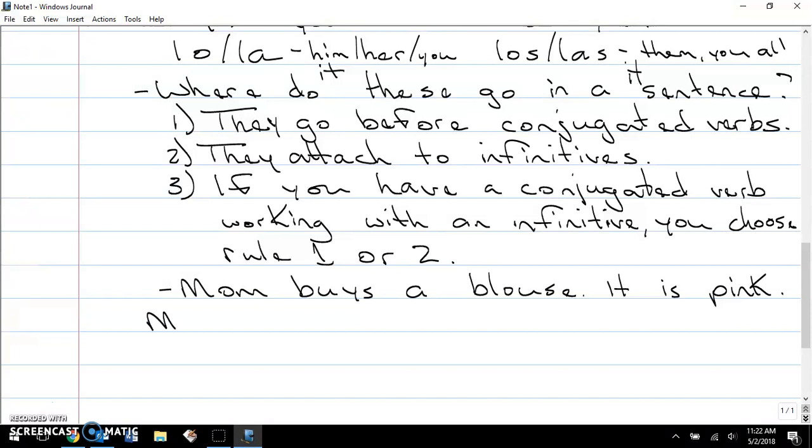So, mi madre compra una blusa. Now, my mom buys a blouse. Who or what did she buy? She bought a blouse. So, and this is a number 1 example. This is before a conjugated verb. It is pink. It is replacing blouse.